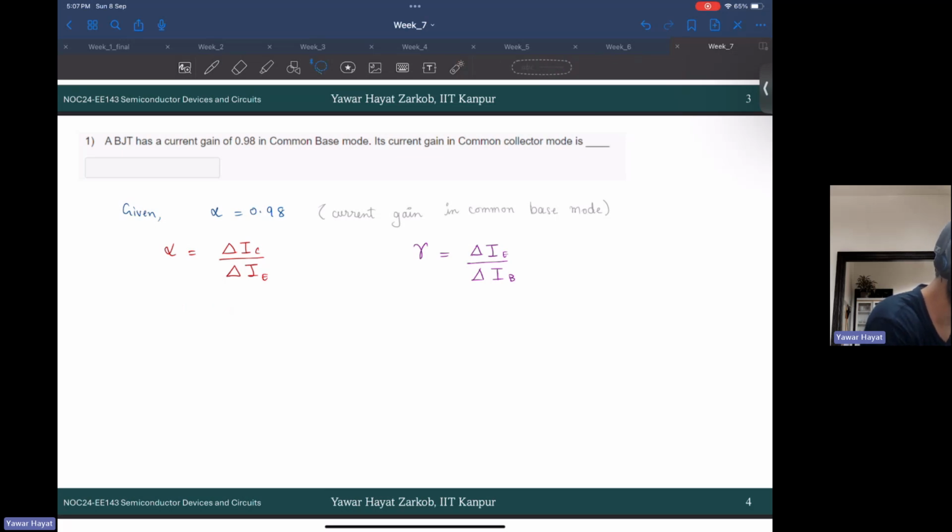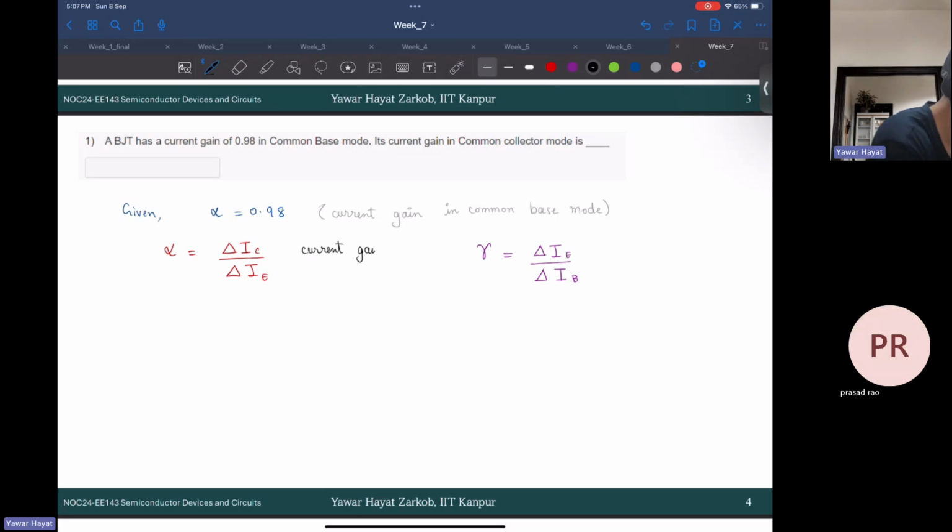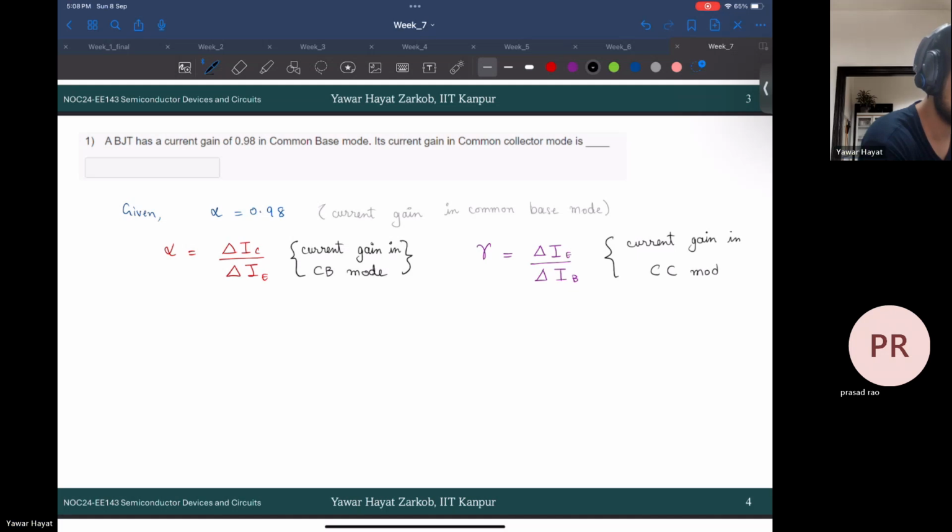This is your current gain in common base mode, and likewise, this is your current gain in common collector mode.